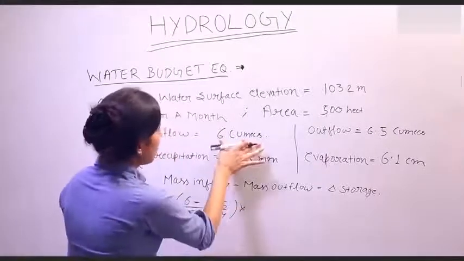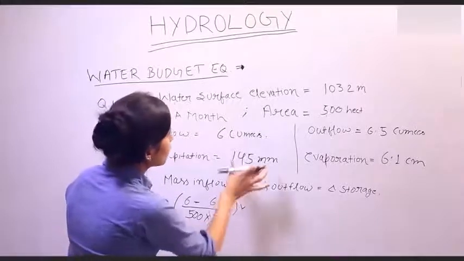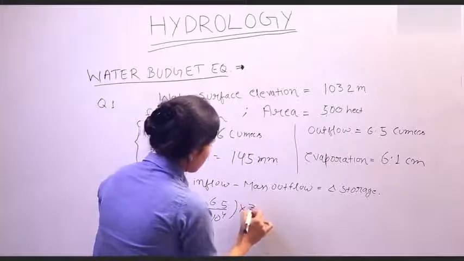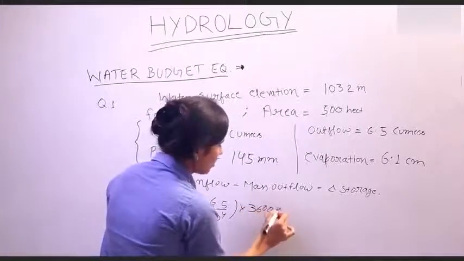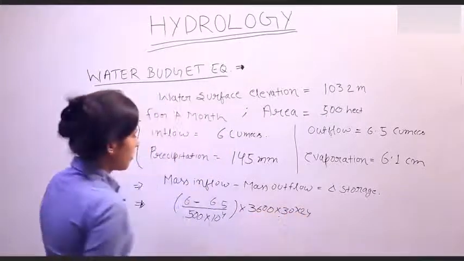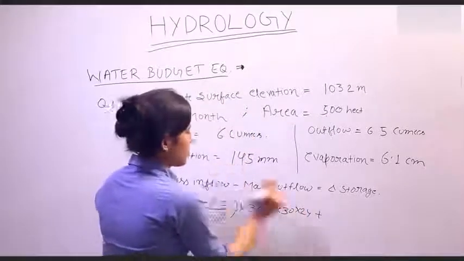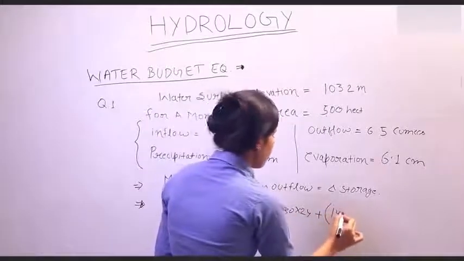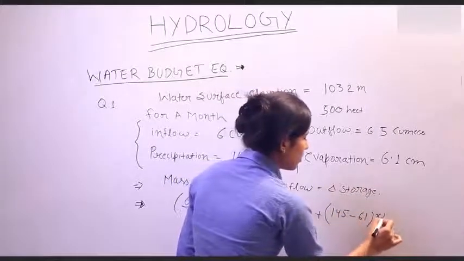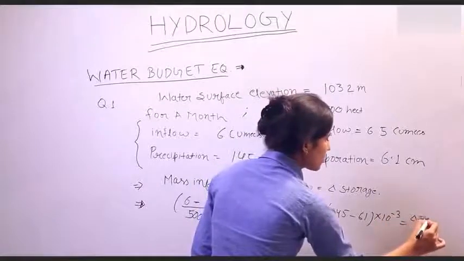Then it is in meter cube per second, so for a month it would be multiplied by 30 days, 24 hours, and 3600 seconds, plus precipitation, that is 145, then evaporation is 61 mm, and in meter it would be 10 to the power minus 3, is equal to change in storage.